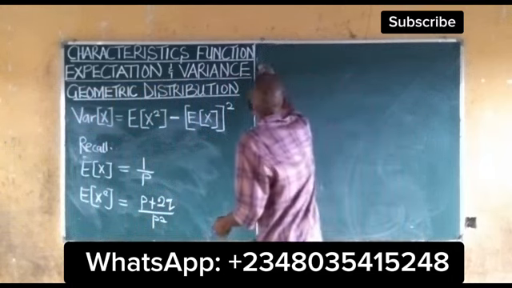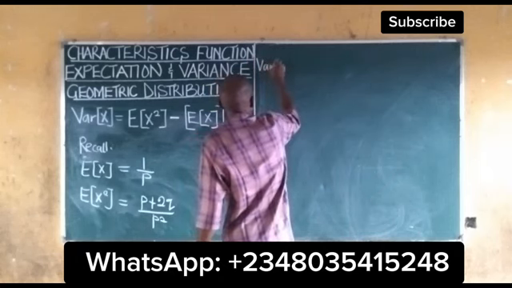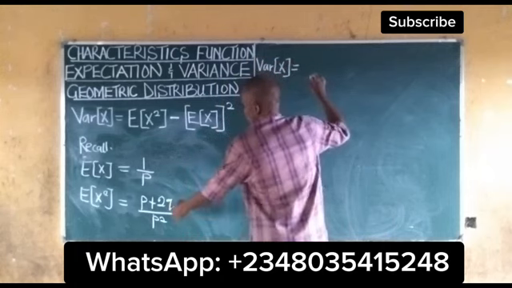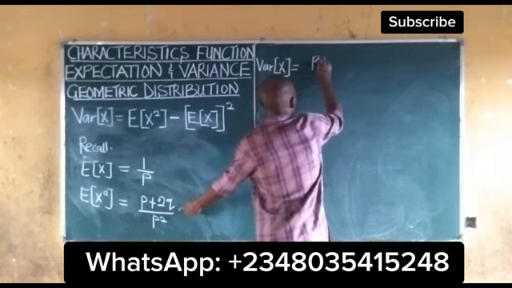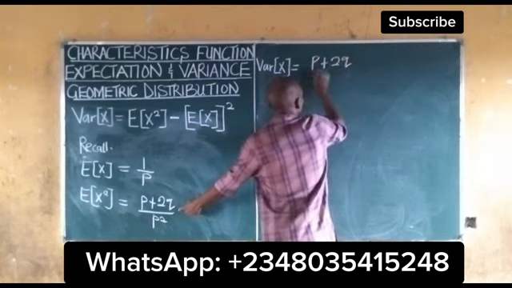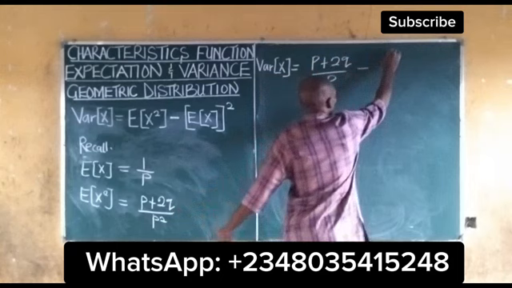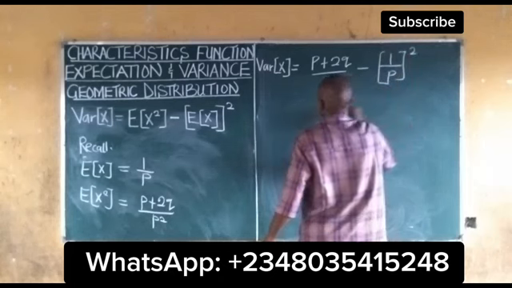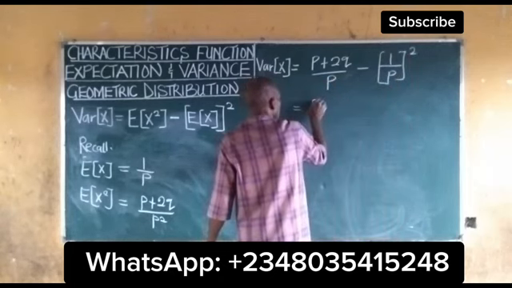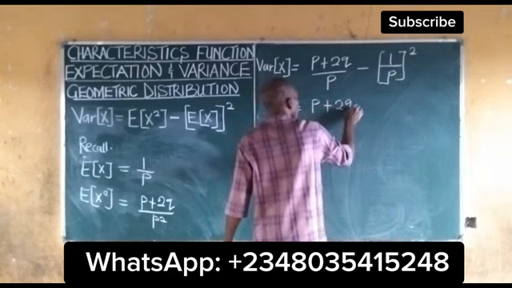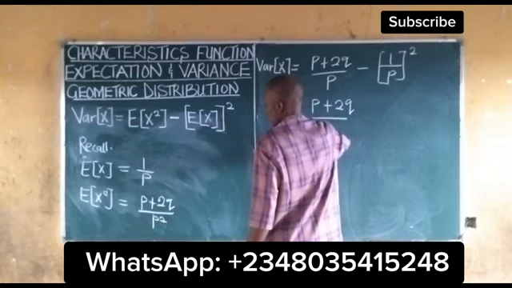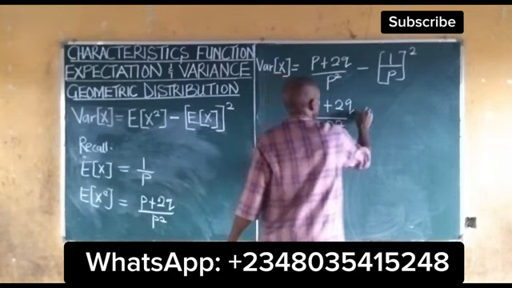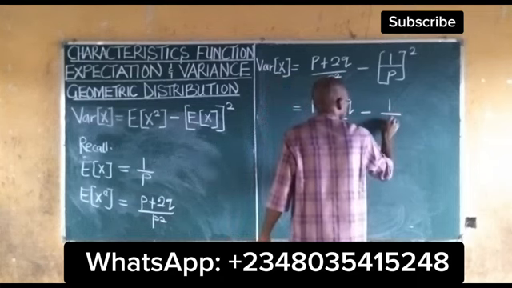So it then means that our variance of x is equal to, first, the right is p plus 2q all over p squared minus 1 all over p, which is what we got for our expected value of x, all squared, which is equal to p plus 2q all over p squared minus 1 all over p squared.